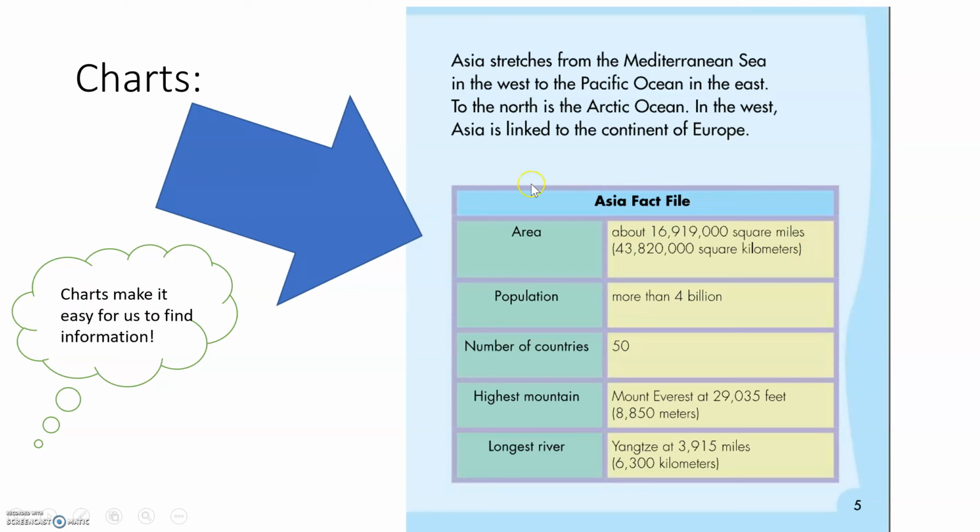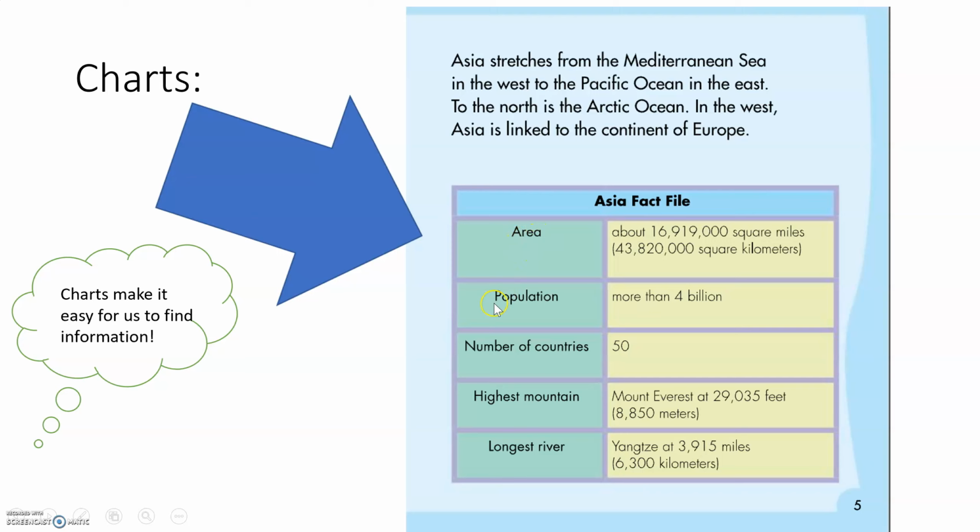So if I was just going to glance at this chart and I wanted to know what the number of countries is for Asia, I would look and think, number begins with N. So I'm going to go down here and see this doesn't start with N. This is area.